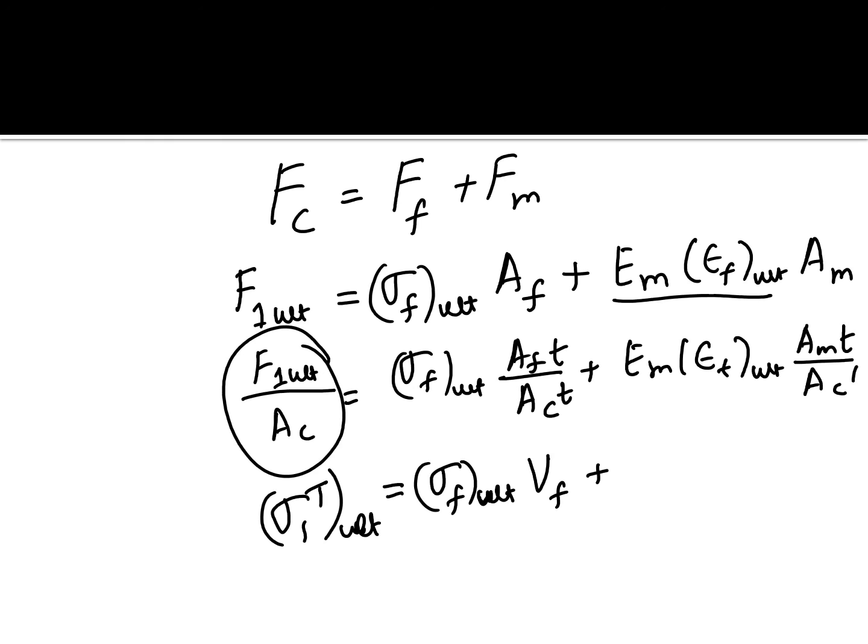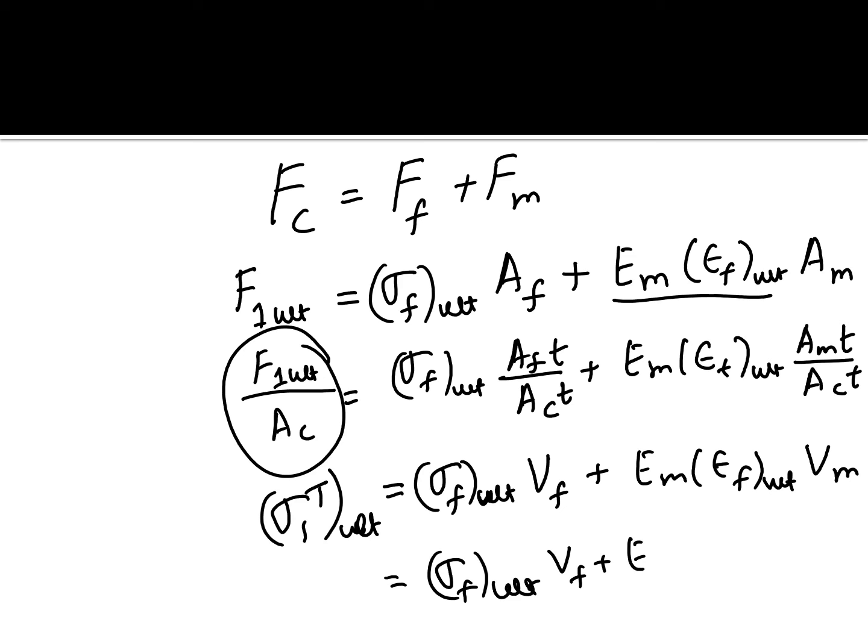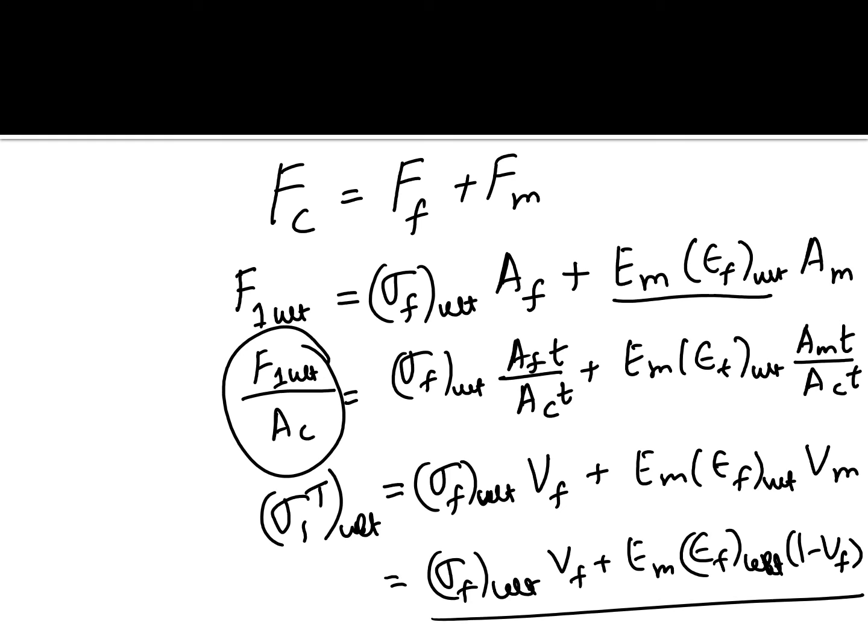Similarly, that will give me the volume fraction of the matrix. If I rewrite this in a simpler form, just in terms of the fiber volume fraction, the formula turns out to be just this one. So that is the mechanics of materials approach to find the ultimate longitudinal tensile strength in the unidirectional lamina.